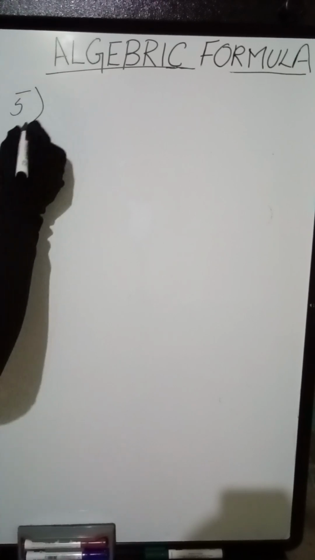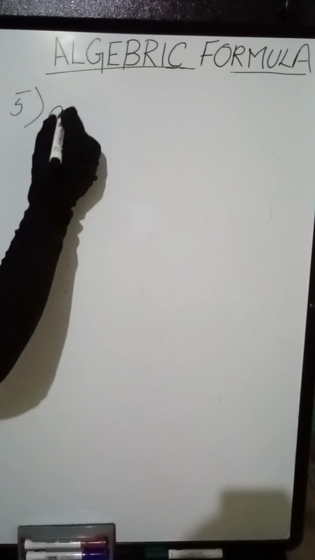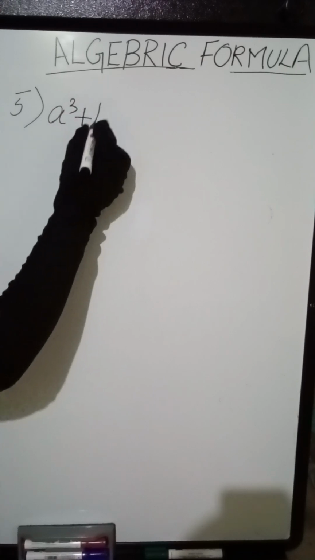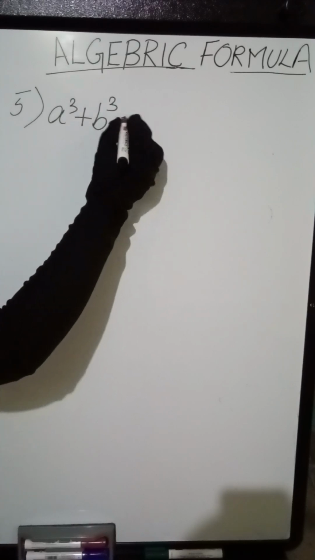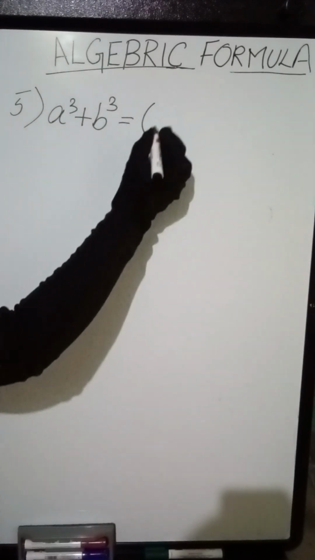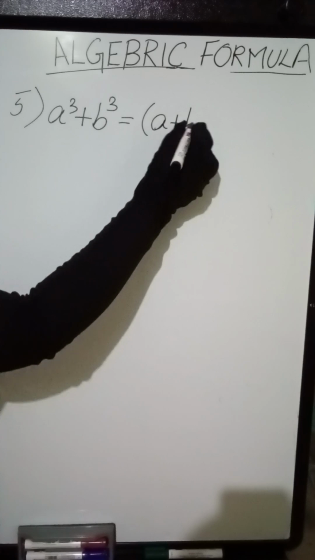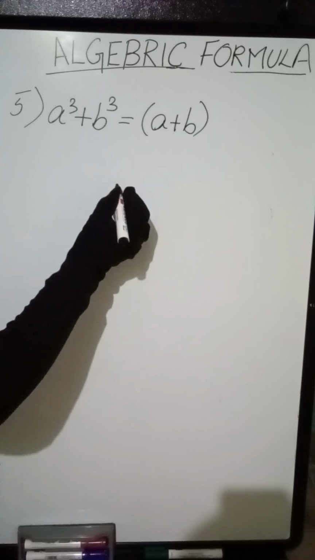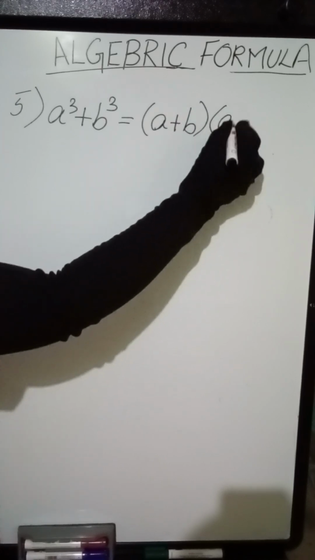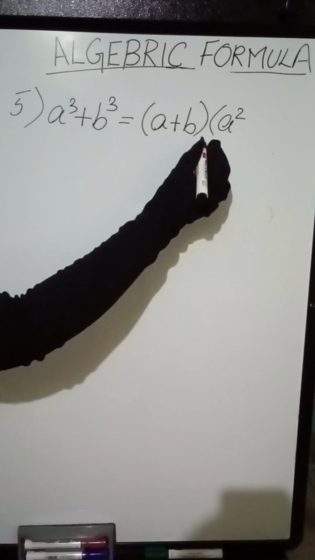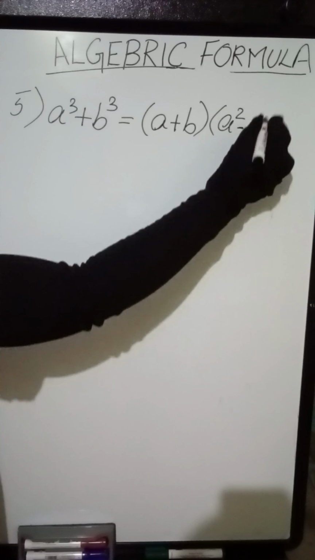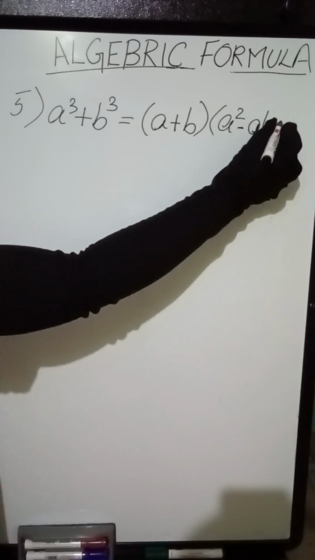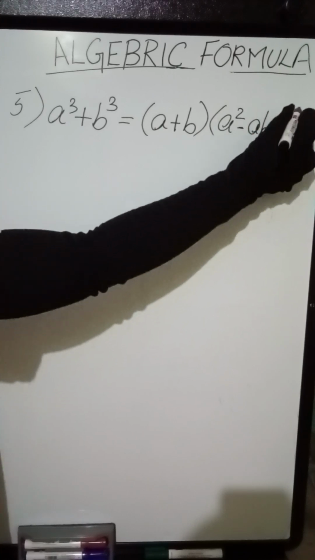So we'll see the fifth formula, which is nothing but a cube plus b cube. Now a cube plus b cube is equal to a plus b into a square minus ab plus b square.